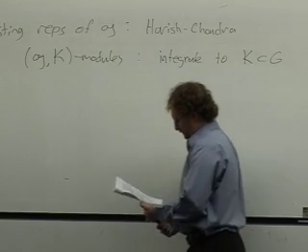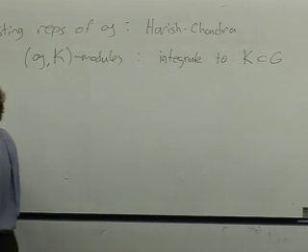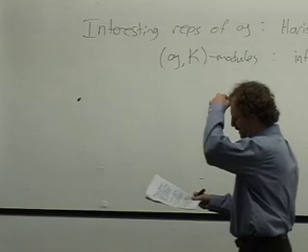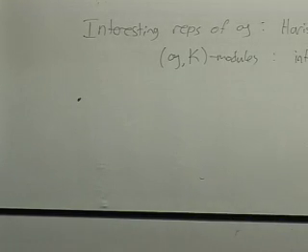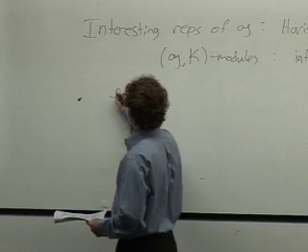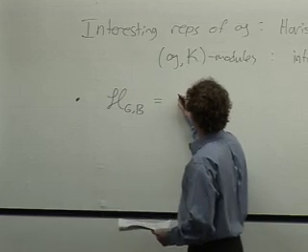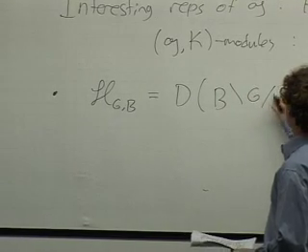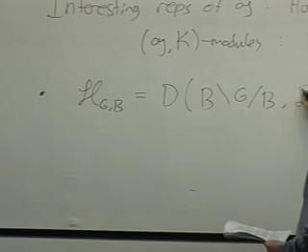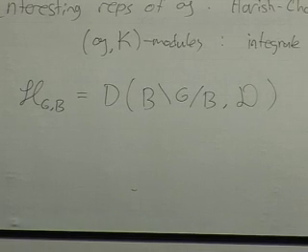So let's see. Let's do some examples. So one example is I'm going to take K to be the Borel itself. So I'm going to introduce a category, which I'll call HGB. So this is the derived category of D modules. Okay, so what is this thing?